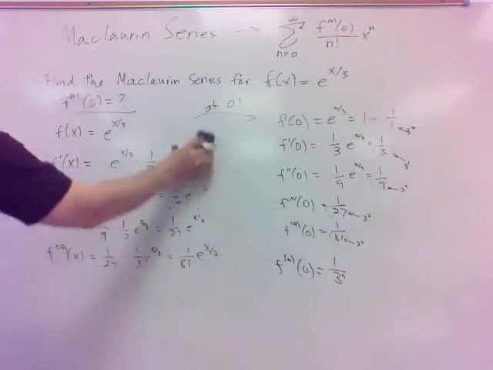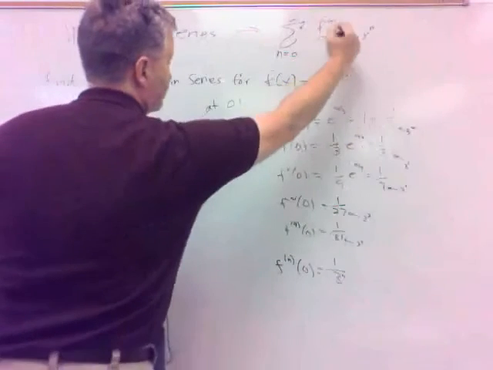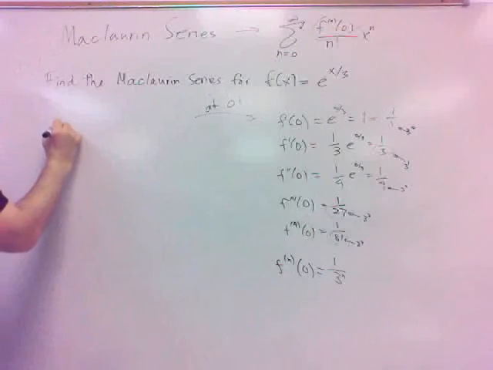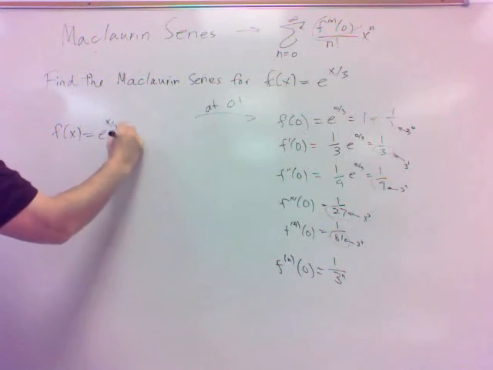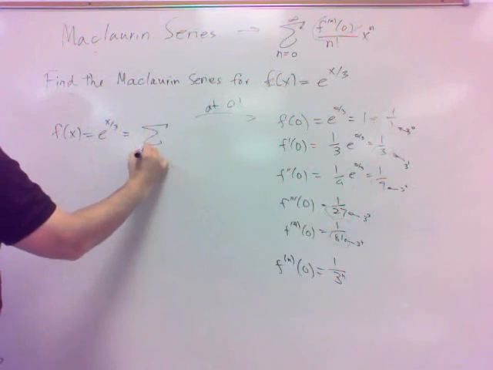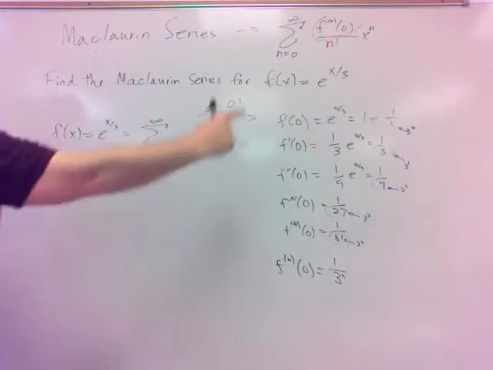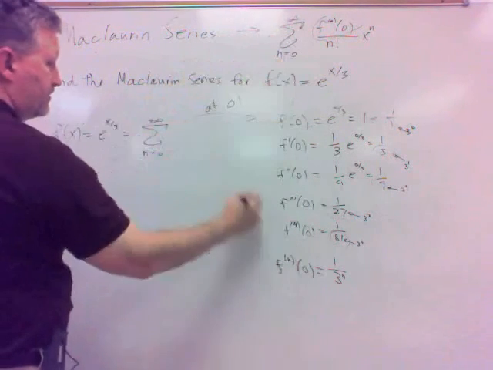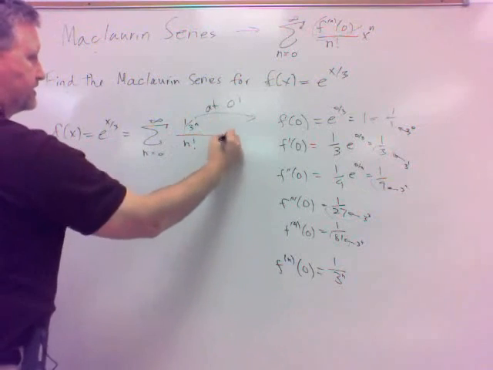So what does that mean for my Maclaurin series? Plug that in right here. My f of x, e to the x over 3, would be equal to the series n equals 0 to infinity of the nth derivative at 0, which is 1 over 3 to the n, over n factorial, times x to the n.